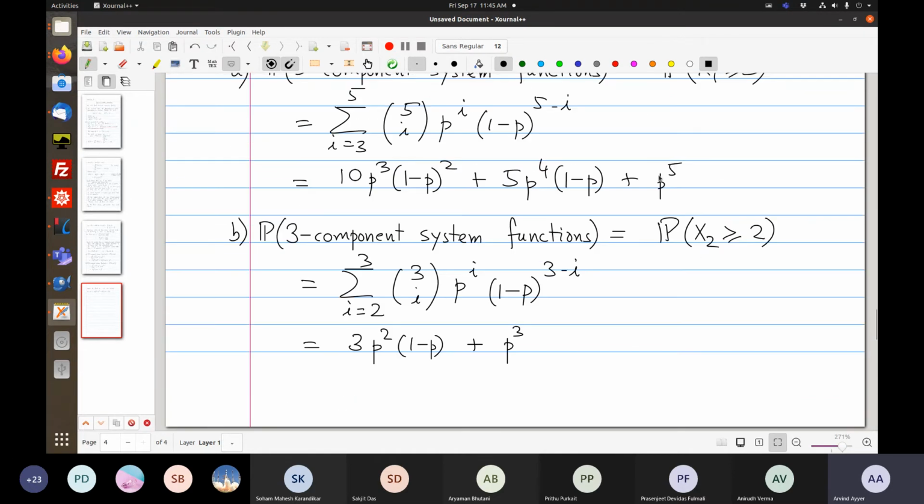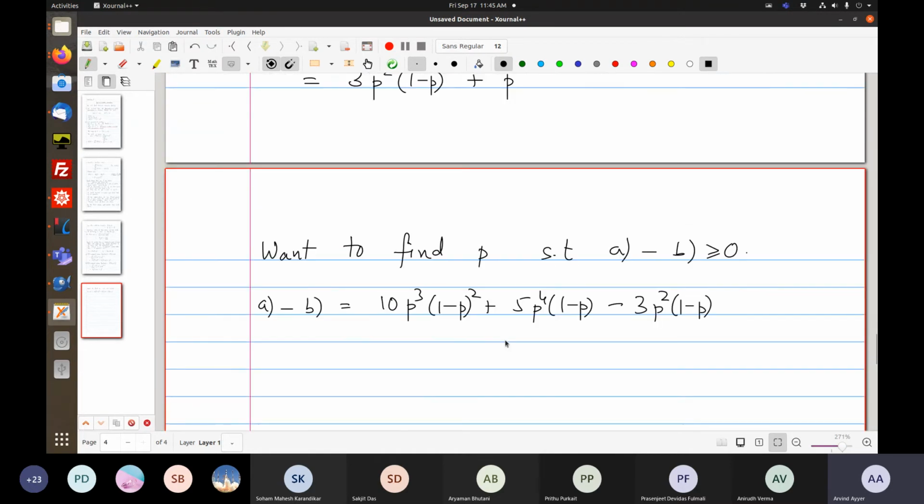And now let me write the last term from here and the last term from here. So plus p to the 5 minus p cubed. The reason I'm doing this is because I want to take some common terms to simplify my life. And this is now exactly p cubed times p squared minus 1.